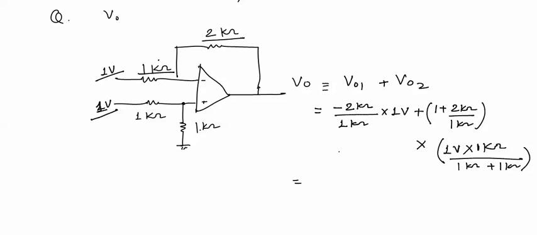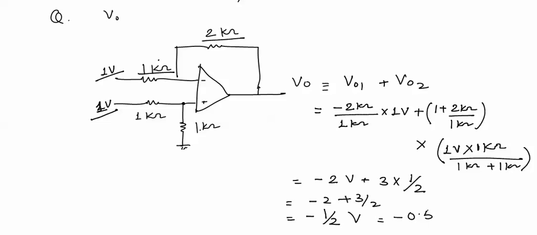So this will come out to be minus 2 volt plus 3 into 1 by 2. So it will be equal to minus 2 plus 3 by 2 equal to minus 1 by 2 volts, equal to minus 0.5 volts.